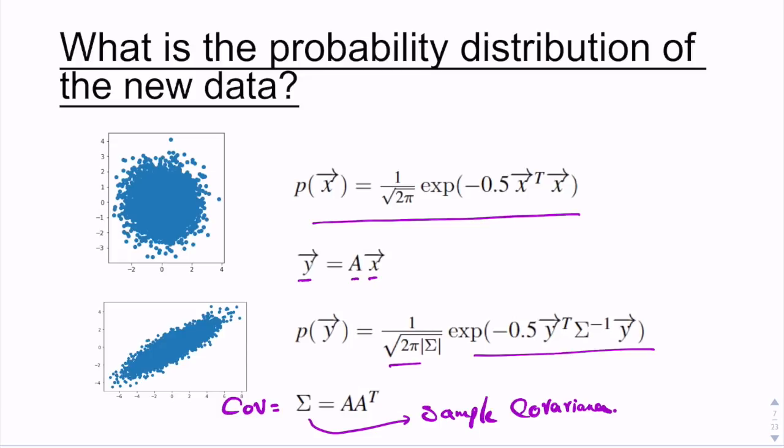But a little bit of thought tells us, is there any way I can decompose or factorize the covariance matrix into two matrices, where the second one is the transpose of the first one? Then that matrix is the A which I'm looking for.